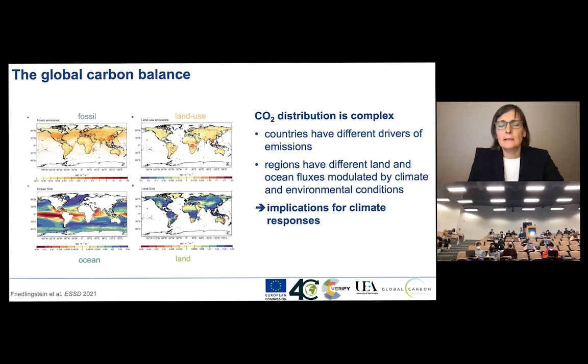And so that has implications for the way that different countries and different regions have responsibility for both tackling their emissions, but also for taking care of the stewardship of their carbon reservoirs and carbon sinks.